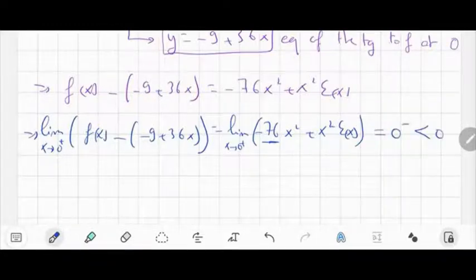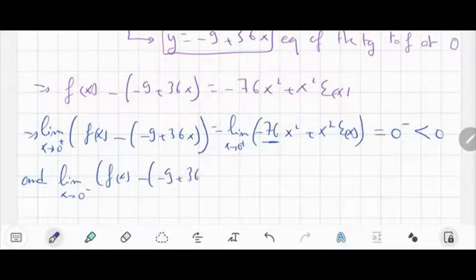And if you calculate the limit when x tends to 0 minus of f of x minus (minus 9 plus 36x), it will be equal also to 0 minus, because the x goes squared in here, so it becomes positive, so it's always 0 minus and negative.